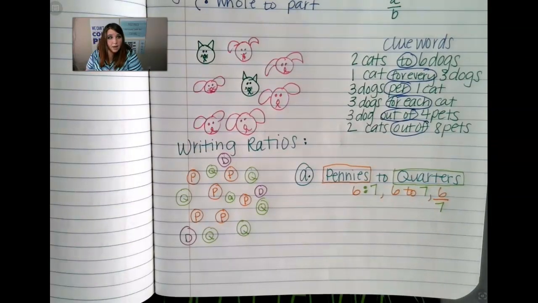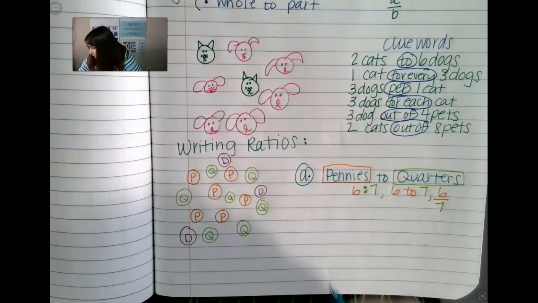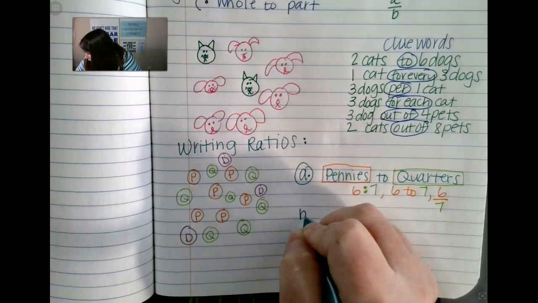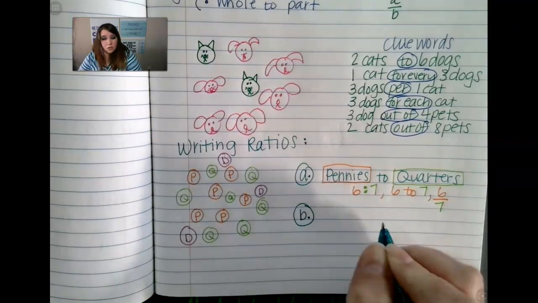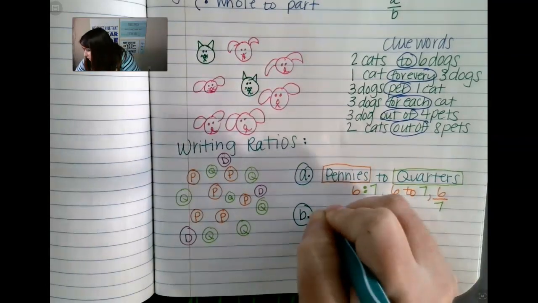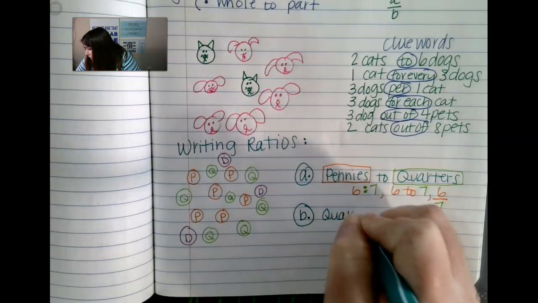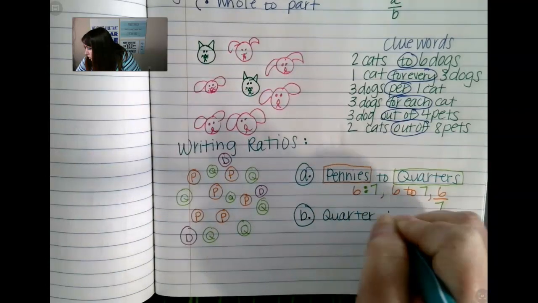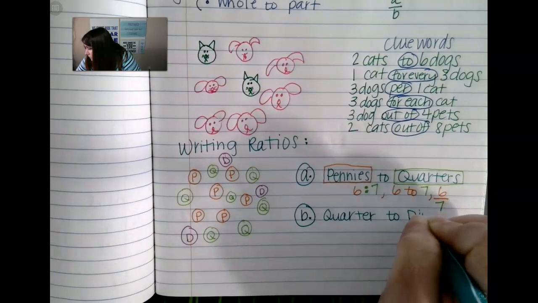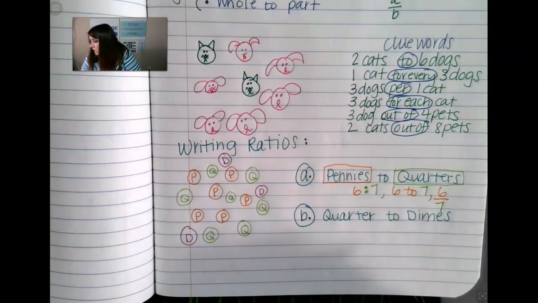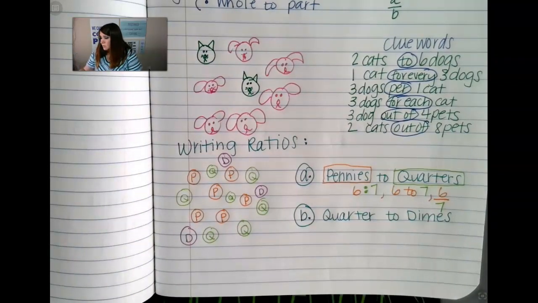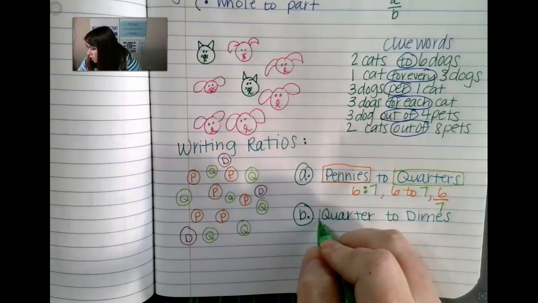Let's write one that is looking for quarters to dimes. So we're doing a comparison of quarters and dimes. So quarters are green, so we're going to do quarters first.